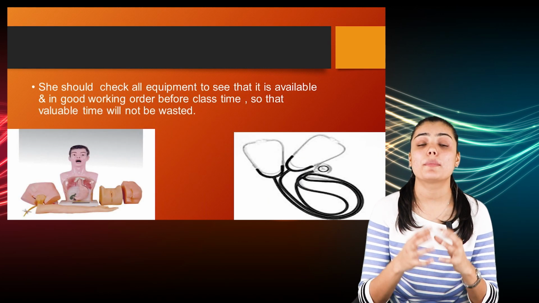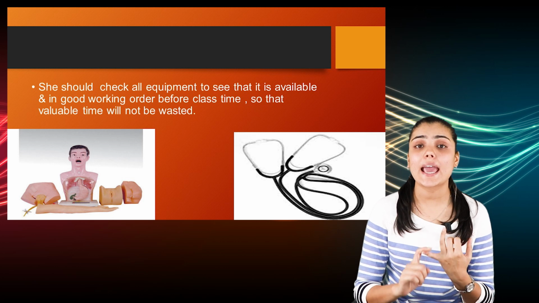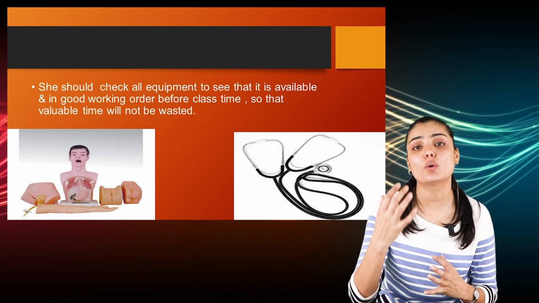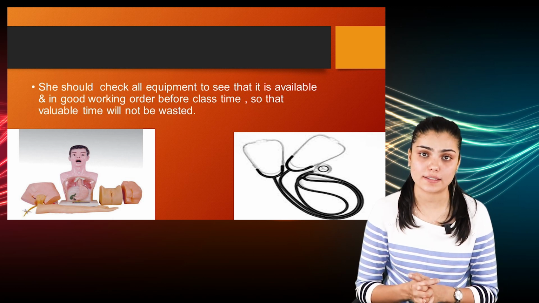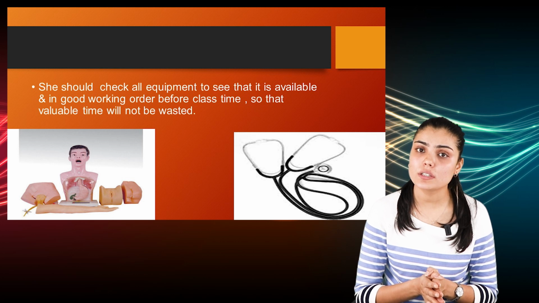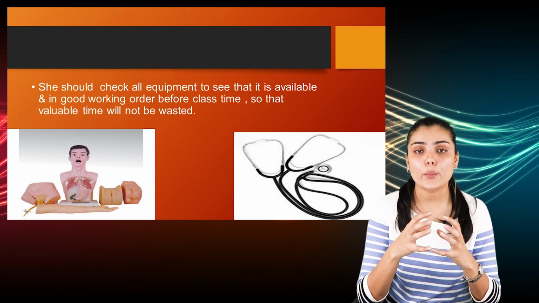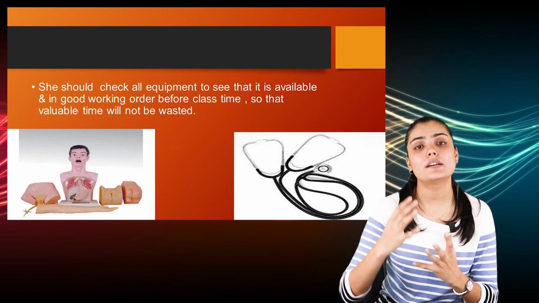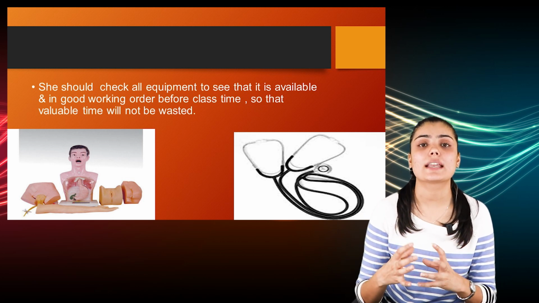And the teacher must check the availability and working condition of all the equipment before showing it to the students. The teacher should make sure all the equipment is in good working condition and available within the school or college to make sure that the teaching and learning process is carried out smoothly.